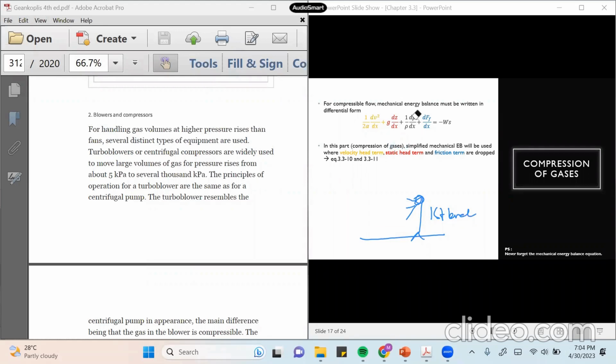Let's say this is the fan, and you are here on the mezzanine level, and one of you is on the first floor.